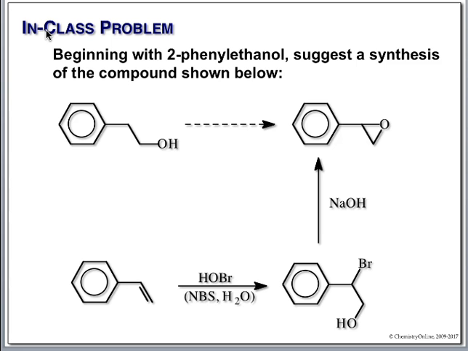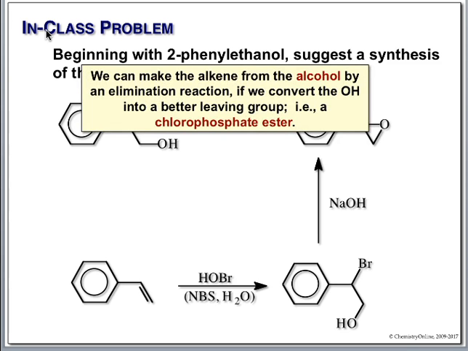Finally, how do we convert our alcohol into an alkene? Remember chapter 17. We had a very nice way to make double bonds using POCl3. That is, we made a chlorophosphate ester, which underwent a beautiful SN2 reaction.